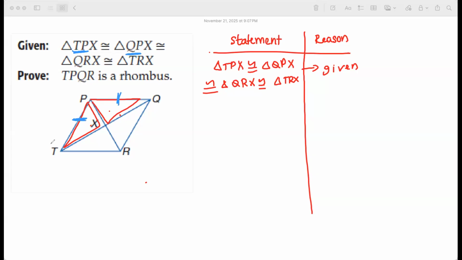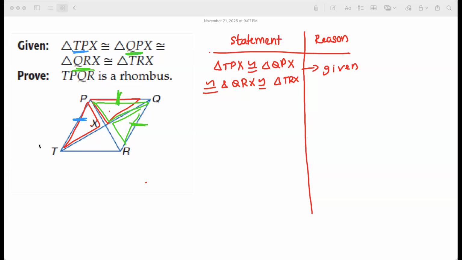You see that? Similarly, they have said that triangle QPX is congruent to QRX. What does it mean? QP is congruent to QR. Am I making sense?